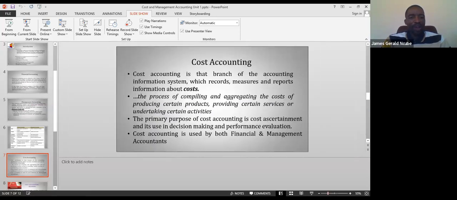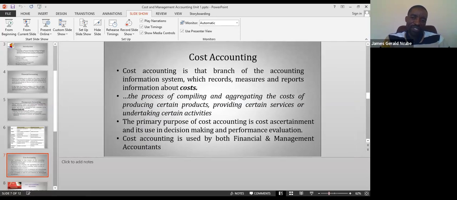Right. The primary purpose of cost accounting is cost ascertainment. We want to ascertain the costs involved in whatever activities we are undertaking, and its use in decision-making and performance evaluation. Decision-making, to a great extent, depends on the cost that an entity would have incurred.